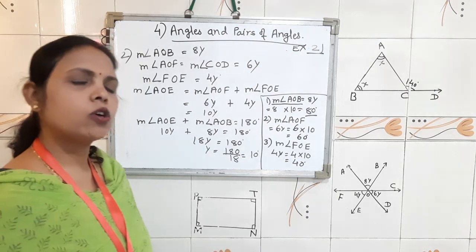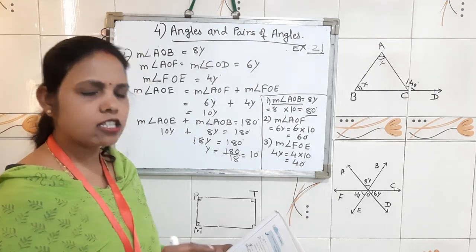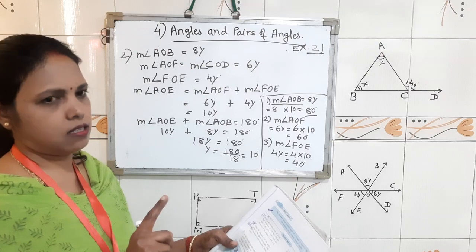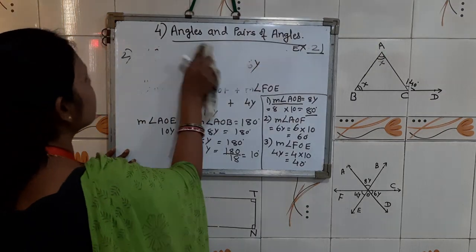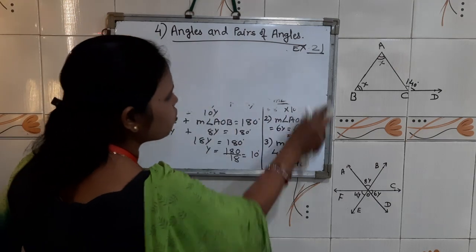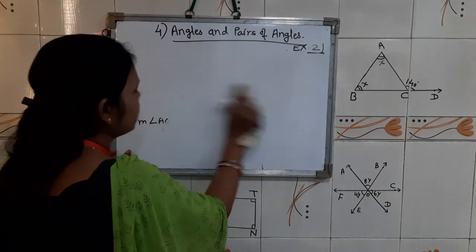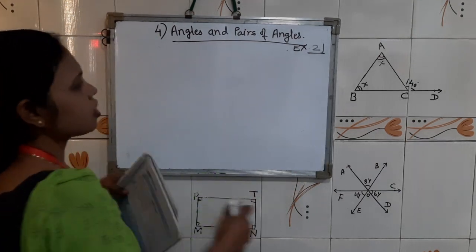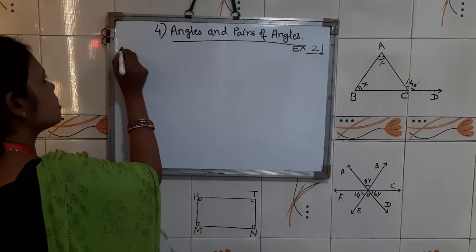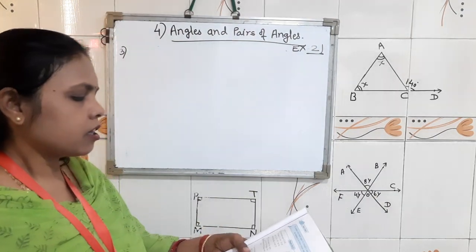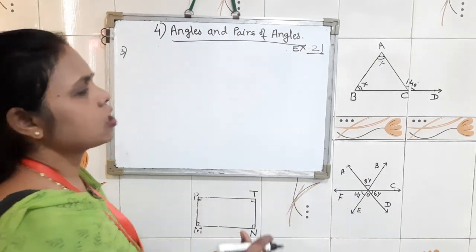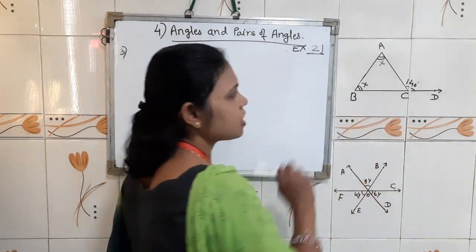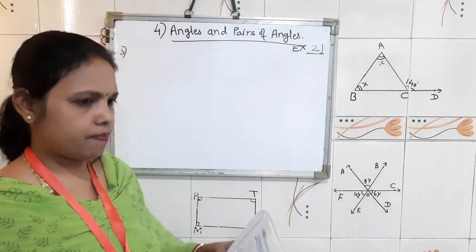Now we are going to solve our last question in this chapter. So children, in our last question, exercise 21, question number 3 is given the isosceles triangle ABC. Children, we can consider this diagram.